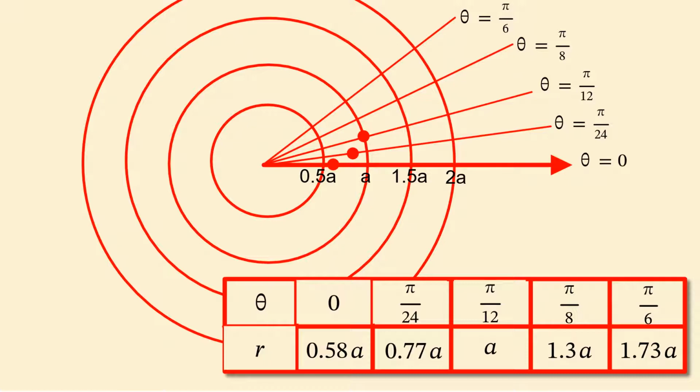When θ is π/8, that's 1.30a, so just outside somewhere here. And lastly, when θ is π/6, that's 1.73, which is maybe somewhere around here. So I think you can see how the graph is coming out.